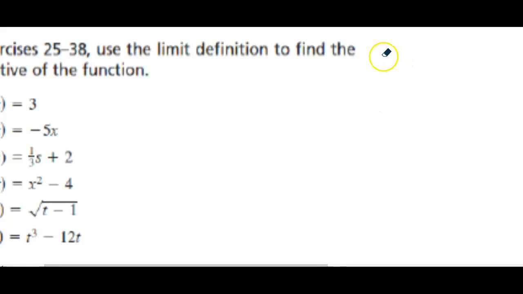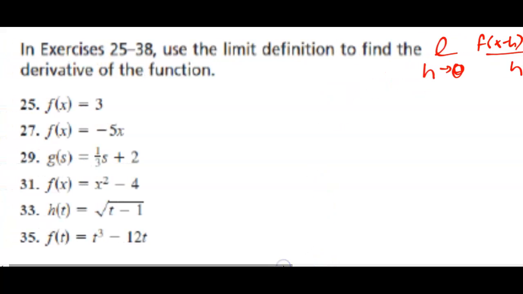Which is the limit as h goes to 0, or you can say delta x goes to 0, of f of x plus h minus f of x all over h. So for this first example, it's a constant. Alright, we have a constant here. So we're going to evaluate it like this.